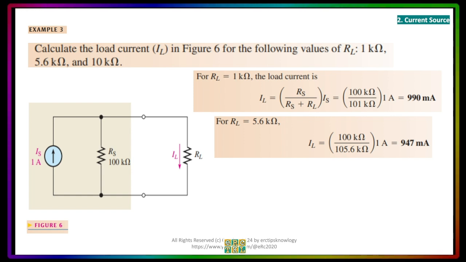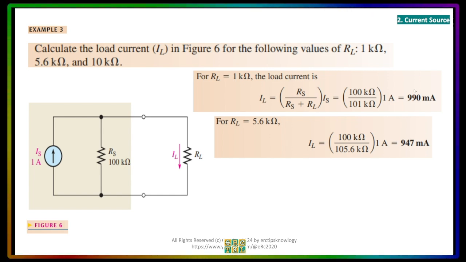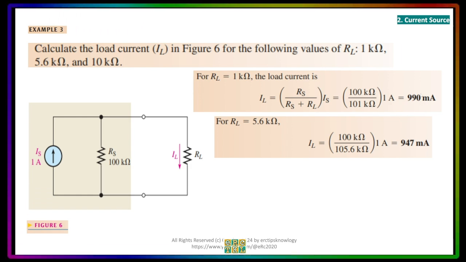That would be 0.053, correct? It will become 0.053 less compared with the 1 ampere. Now, if you remember, the value we lost before is only 0.01 ampere. Here, we lost 0.053.